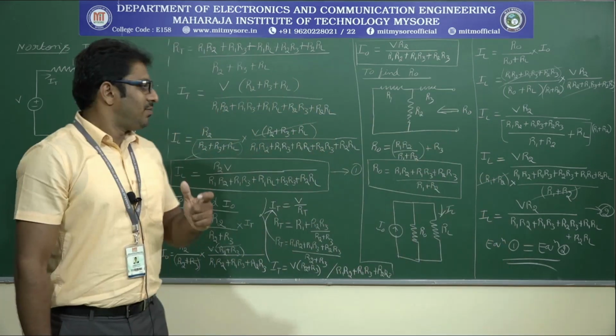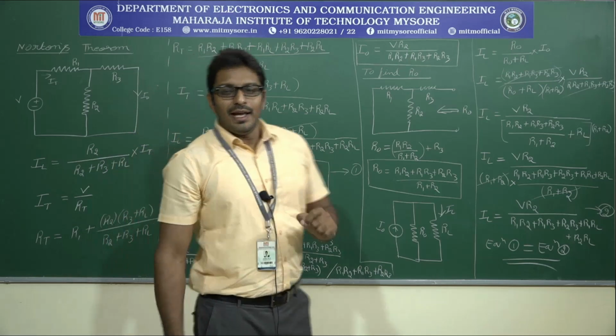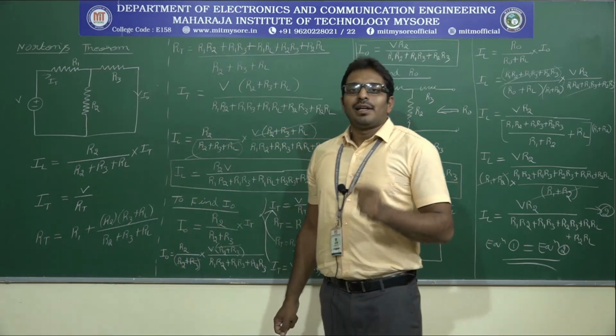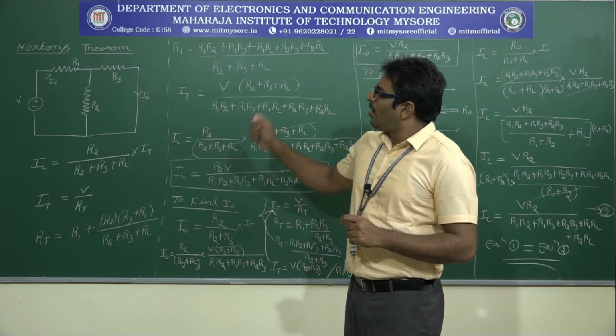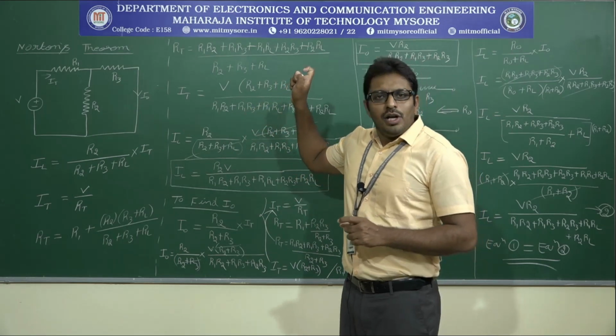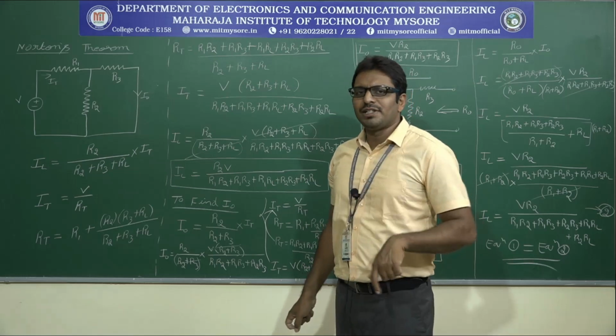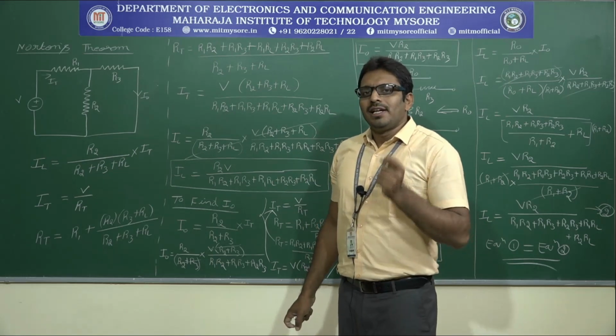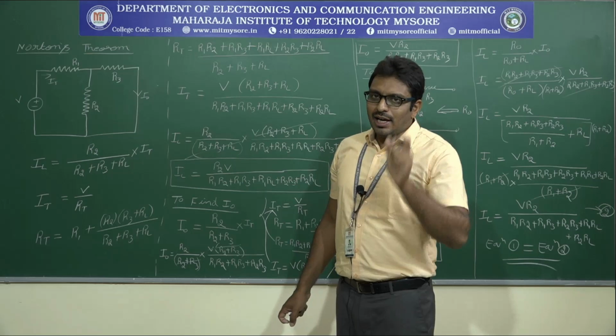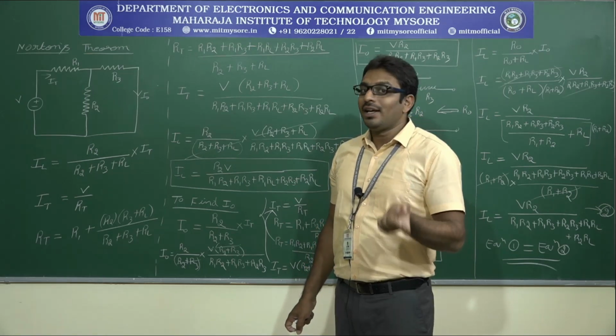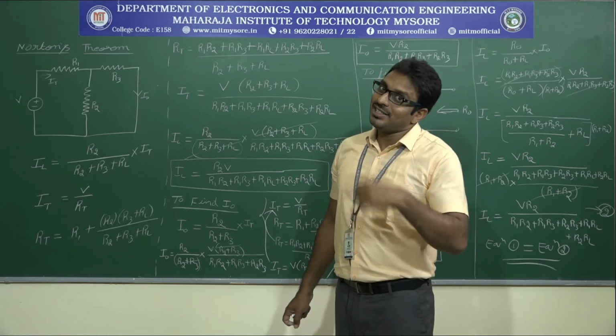Now again, statement of Norton's theorem. In any linear bilateral network, however complicated, the circuit connected to the load resistance or impedance is replaced by a simple equivalent circuit consisting of a single current source in parallel with resistance or impedance.